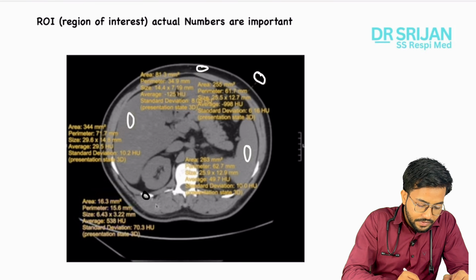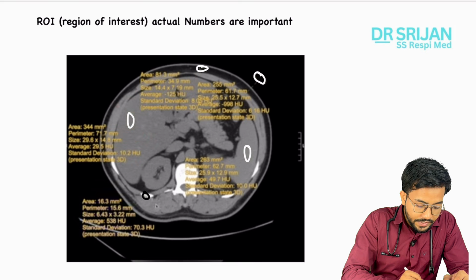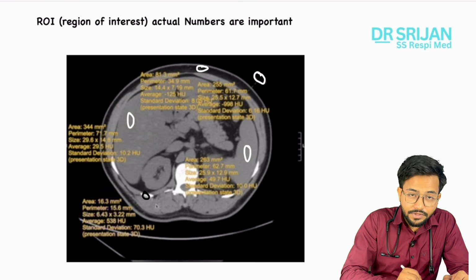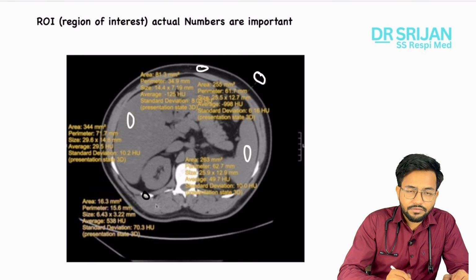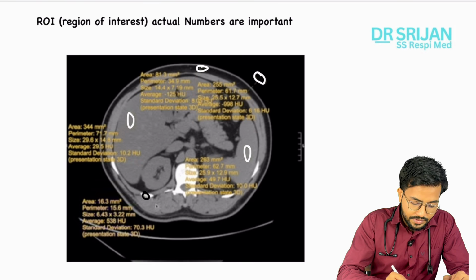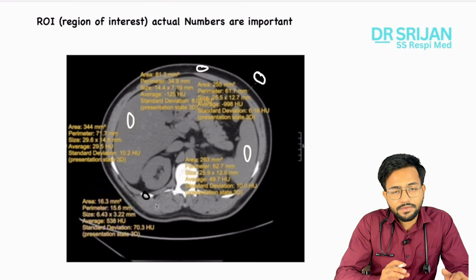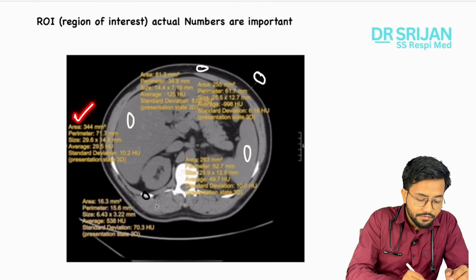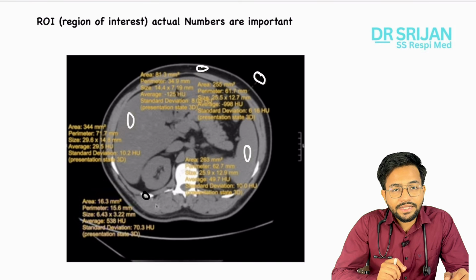Now, coming to the liver, I have marked the liver and it is showing 29.5 Hounsfield unit. I'm a bit worried, as this should not be the liver density. Now I marked the spleen. It is around 49.7. Fine. Always remember that the liver should be more dense than the spleen.